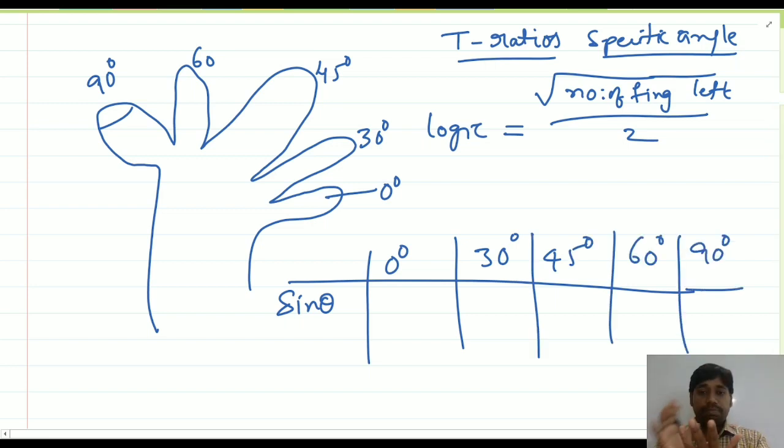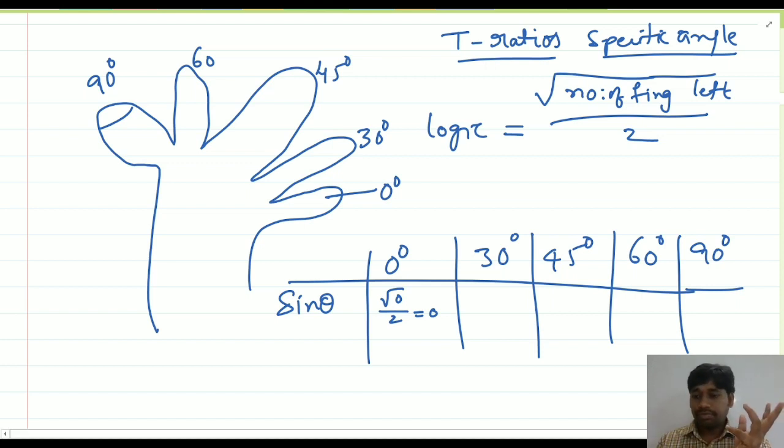So if you first remember one value easily, then the others you will get automatically. For sine 0, there are no fingers left, so under square root, 0 fingers by 2 is simply 0. Means sine 0 is 0.